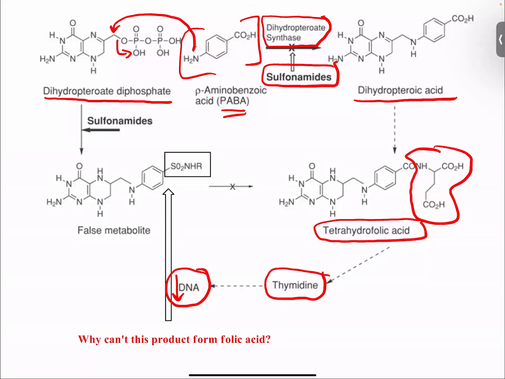And then down the road, it gets converted to a one-carbon donor, which donates a methyl group to uridine to form thymidine. Okay, so what are we doing? We're trying to inhibit this step here, which inhibits the formation of that and everything else downstream. Okay.